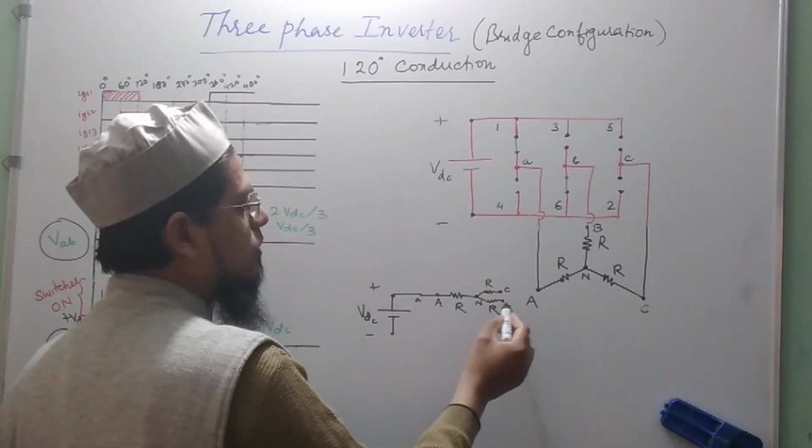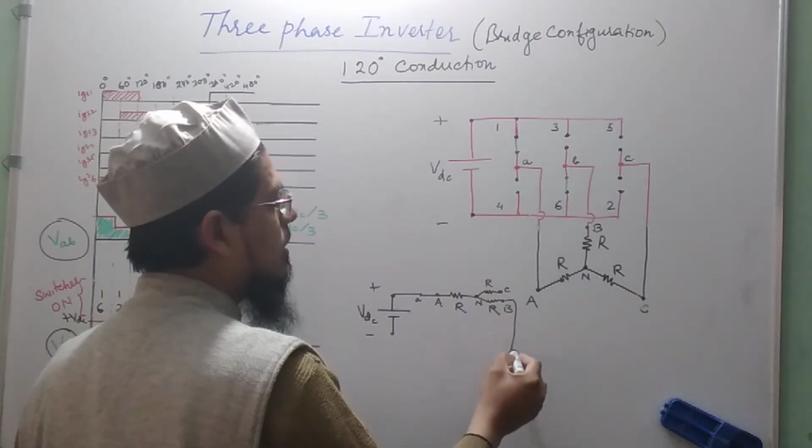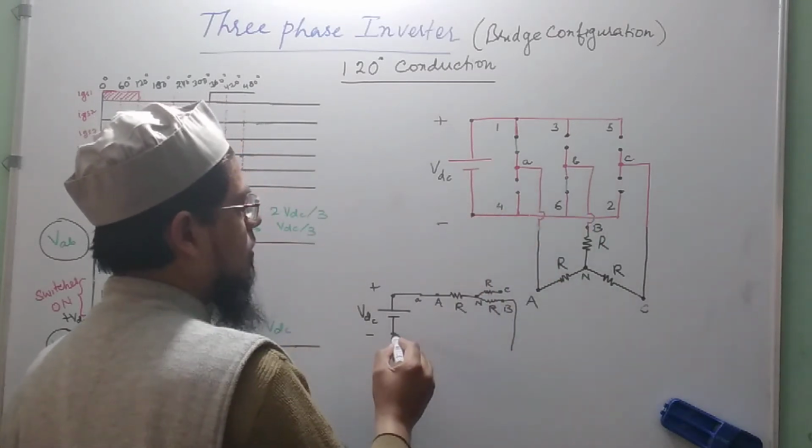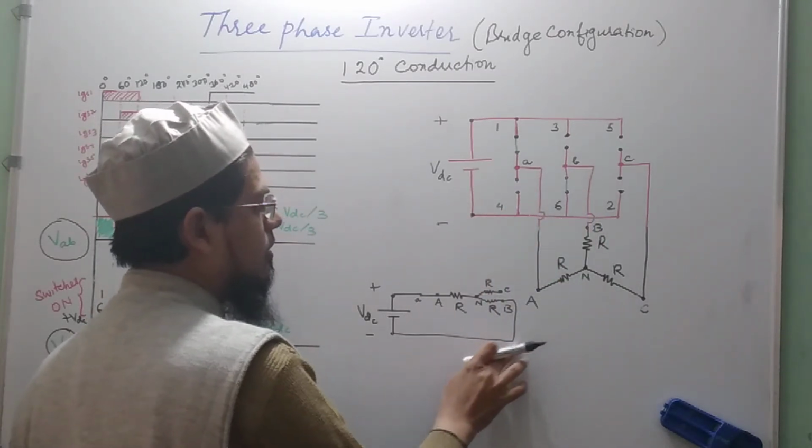Only B is connected to the negative terminal of the battery.